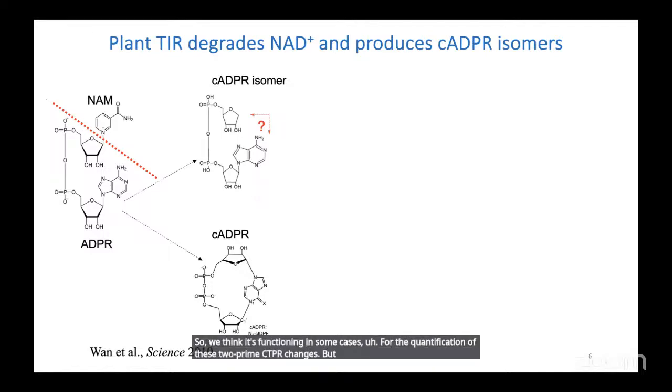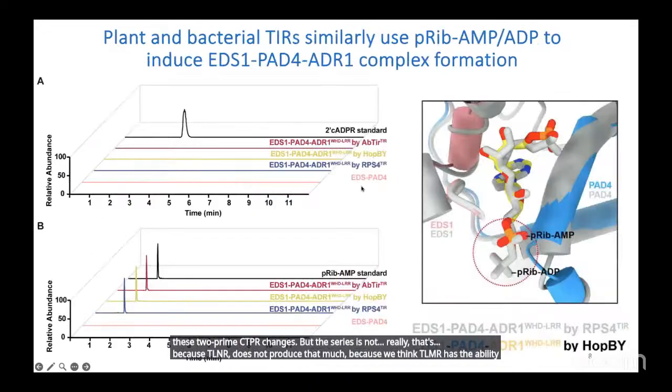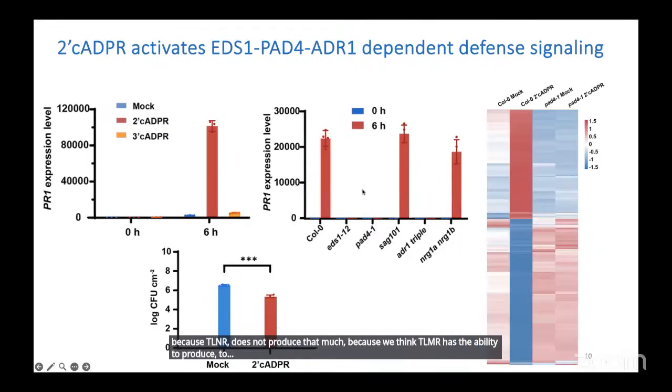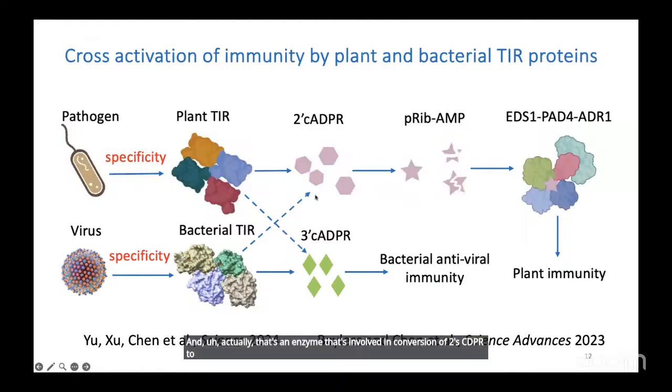But the signal is not really strong, because TNR does not produce that much, because we think TNR has the ability to make pRib-AMP directly. But 2'cADPR is definitely a precursor of pRib-AMP. And actually, there's an enzyme involved in conversion of 2'cADPR to pRib-AMP, and we know the enzyme already.